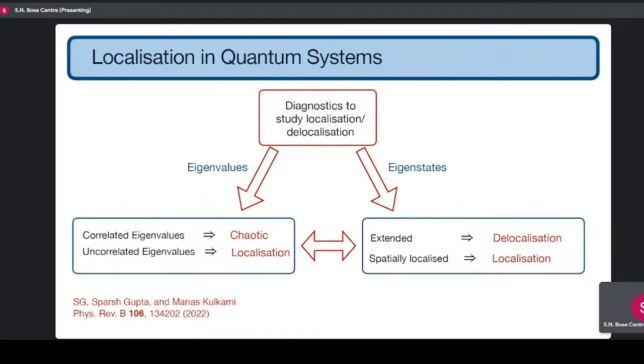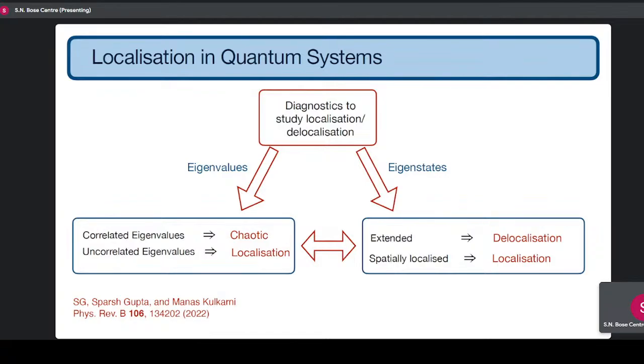If the eigenstates are localized, then we get uncorrelated eigenvalues. On the other hand, extended states would give correlated eigenvalues. So by studying the short-range or long-range correlation between eigenvalues, one can identify this localization transition. This happens to be true even in non-Hermitian systems.